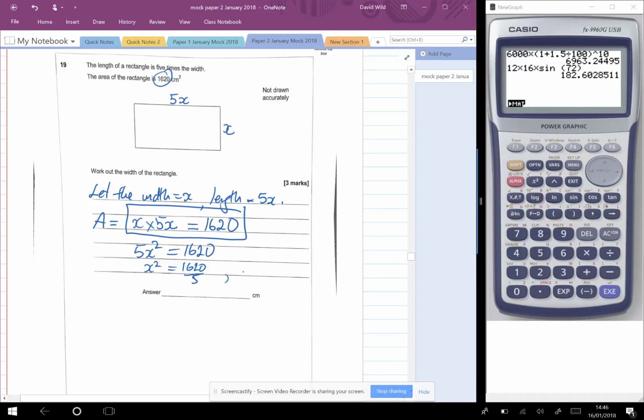So x is, remember when we square root we do plus or minus. But we don't want x to be negative because x is a width. So we're going to ignore the negative. But get into the habit of doing plus or minus. Now we're going to use our calculator. So we want the square root, and again your calculator will be nicer to do this as a nice fraction. And we're left with 18 centimeters.